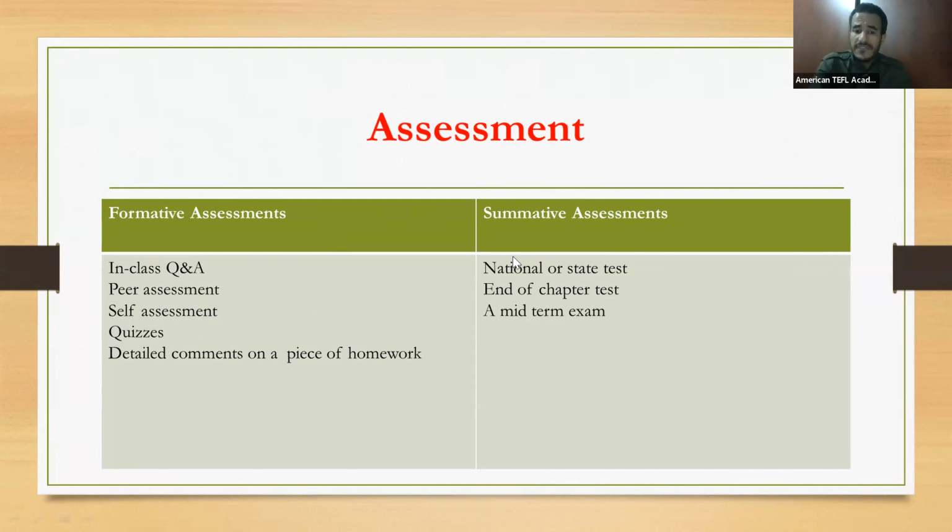But for summative, we have the national exam, the end of the chapter test, or a midterm exam. It's at the end of the first term, first semester, or at the end of the school year. Okay, great. Shall I move to the next slide? Perfect. So let's move on to the next slide.